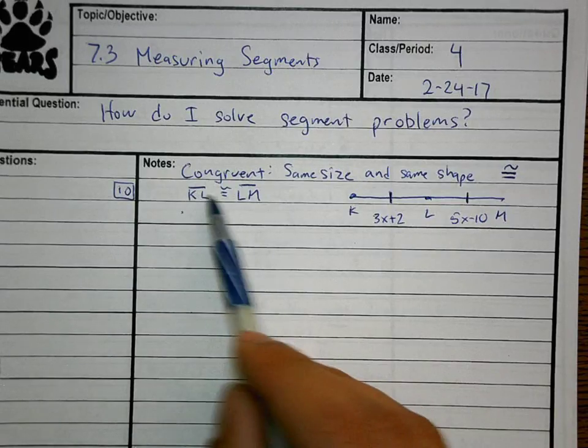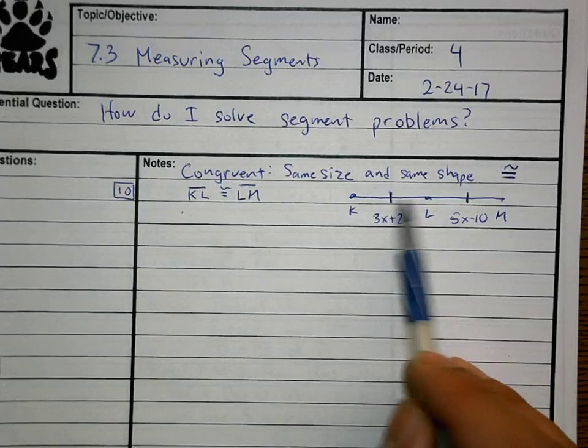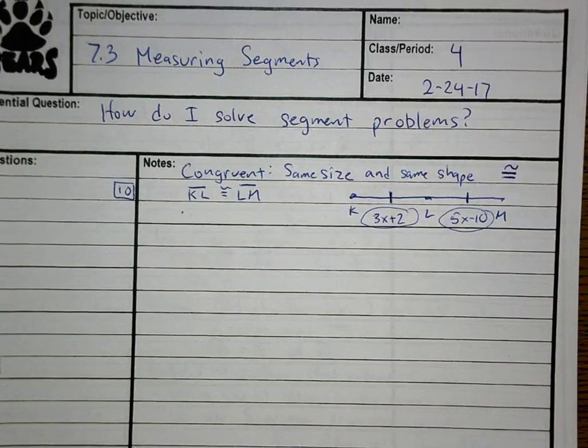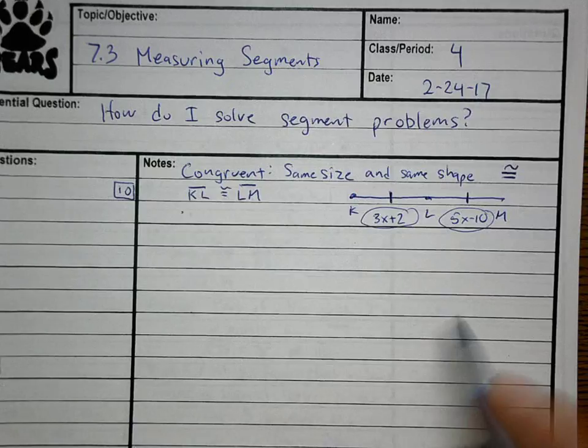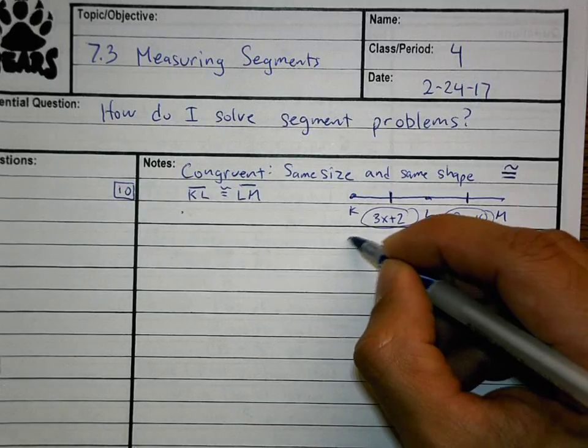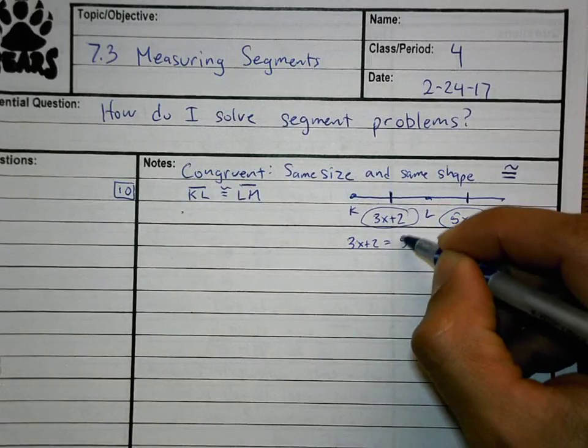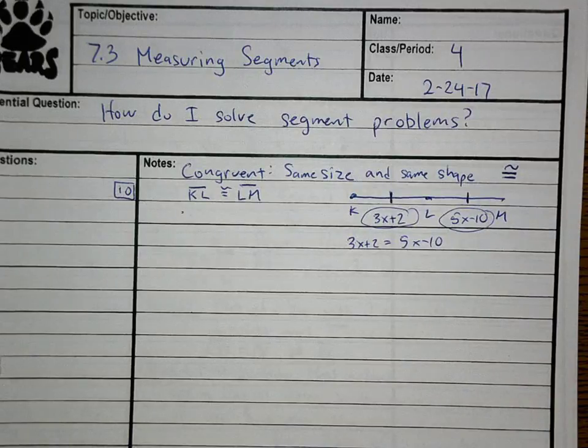For number 10, since these are congruent, since these are the same as each other, that means this thing here is the same as that thing there. I'm pretty sure you can think of what equation you're going to come up with. But let's see. 3x plus 2 is the same as what? 5x minus 10. They are the same thing as each other.